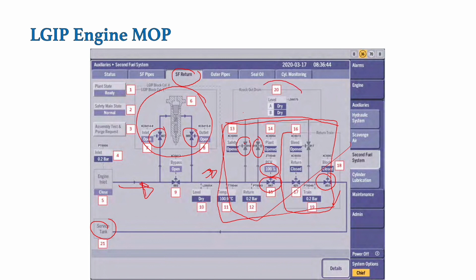As you can see, this is the level sensor that basically indicates dry or wet condition. So when the engine is fully filled with LPG, the indication will change over from dry to wet. That gives indication that the engine is fully ready for the changeover to secondary fuel mode.